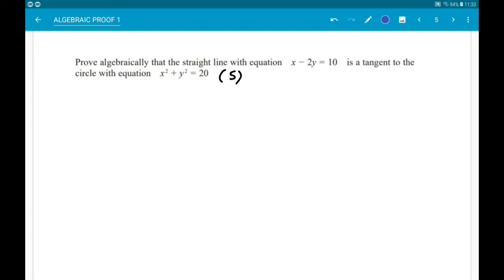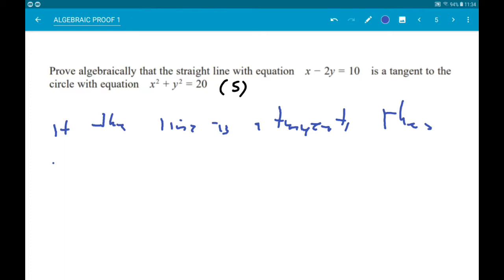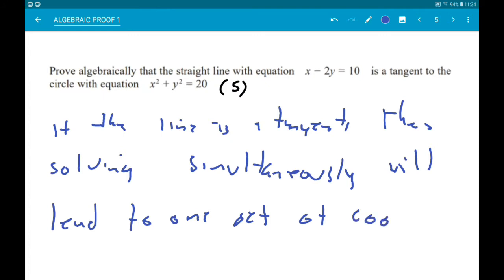So we should start by saying something like, if the line is a tangent, then solving simultaneously will lead to one set of coordinates only.